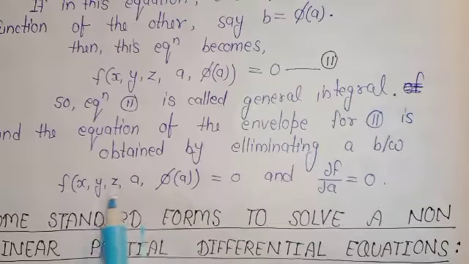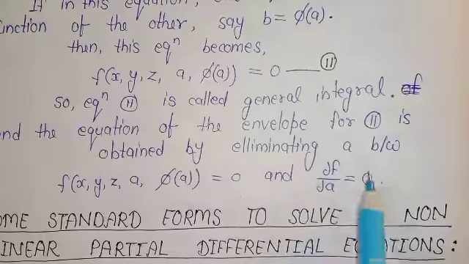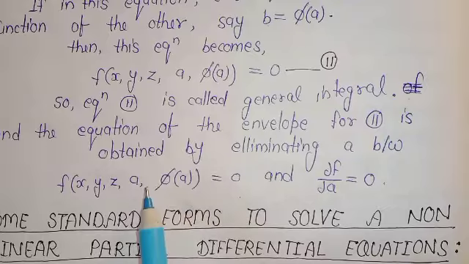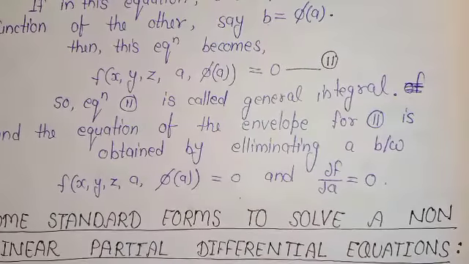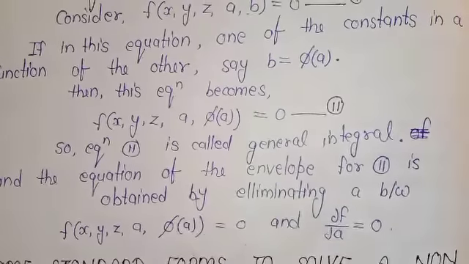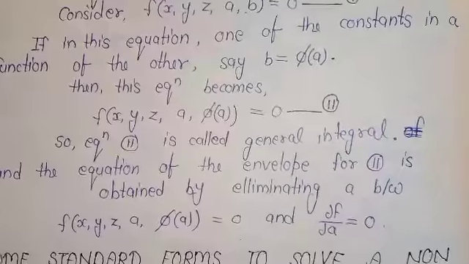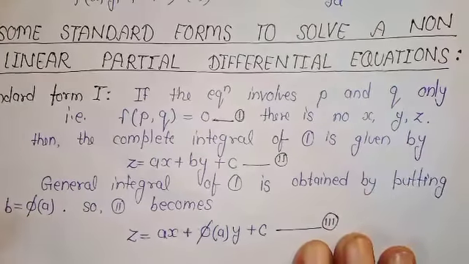That is, we equate the given function to 0, and then we differentiate it partially with respect to a and equate that to 0, and after solving these equations and removing the arbitrary constant a from these two equations, we can easily get the equation of the envelope, and that will be the general integral for the given equation. So I hope you understand the types of integrals in PDEs.